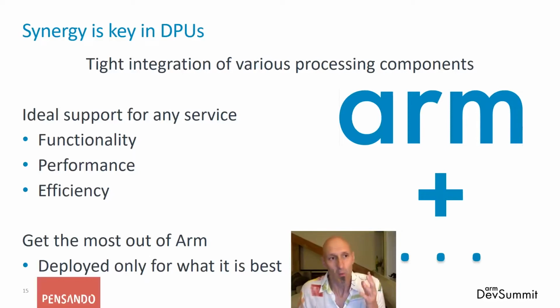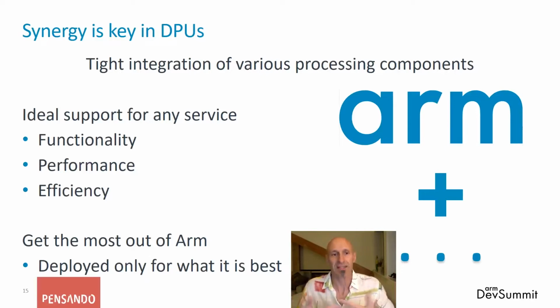One aspect that in my opinion is really key is that there have to be different processing components, and what is key is using them together to get the best from each one of them.